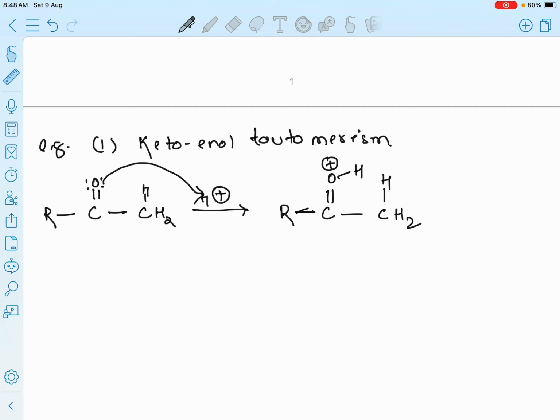As a result, on the oxygen atom, the positive charge density cannot remain. Why? Because oxygen is electronegative in nature. It needs to neutralize this.